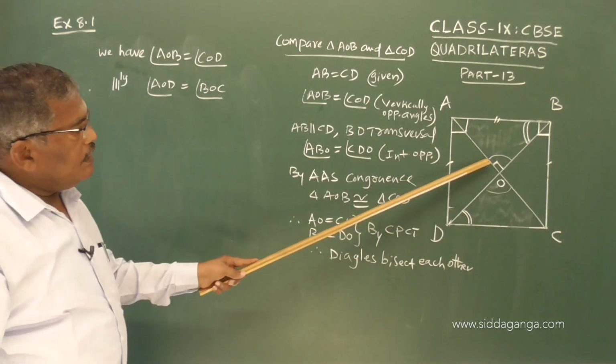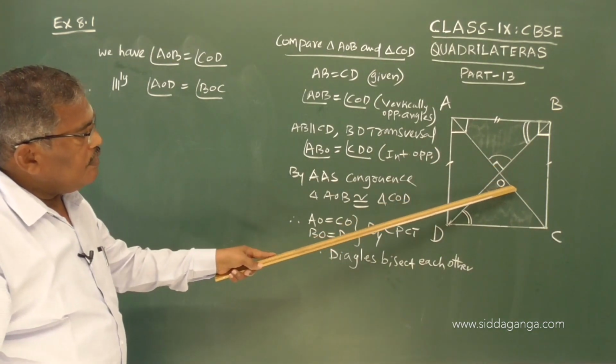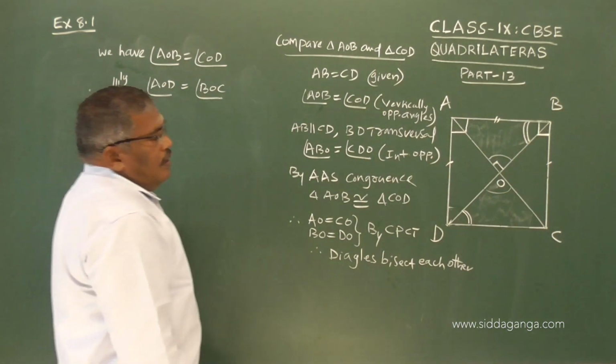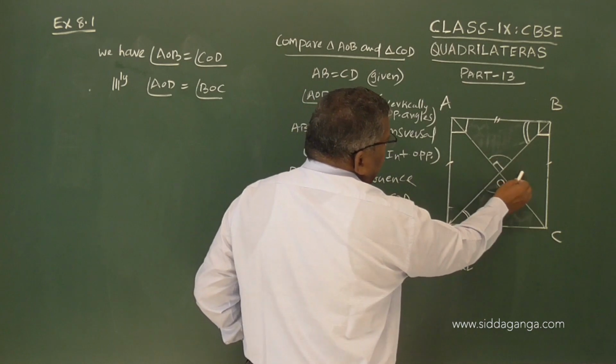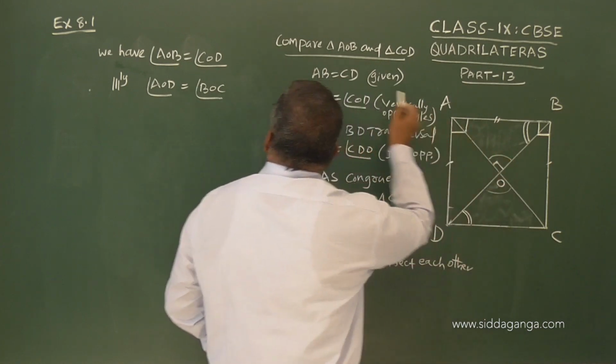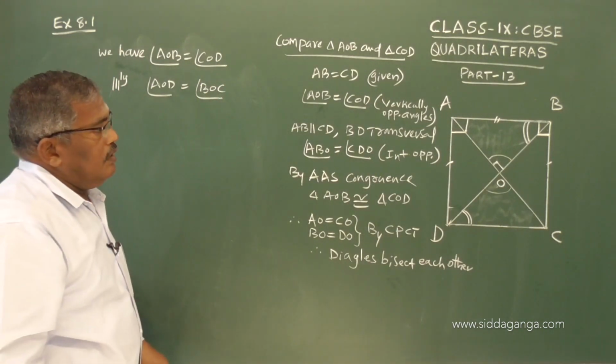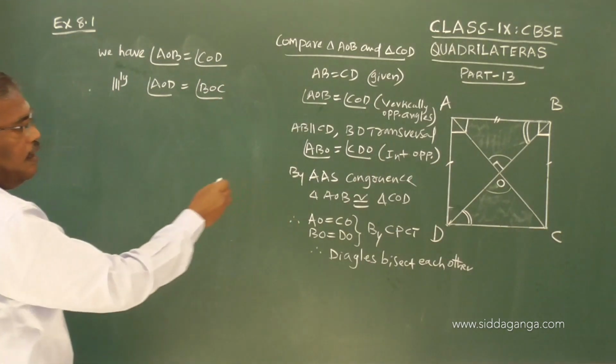So this angle is AOD and this is BOC. So now we have the sum of these two angles. That means all four angles are equal.